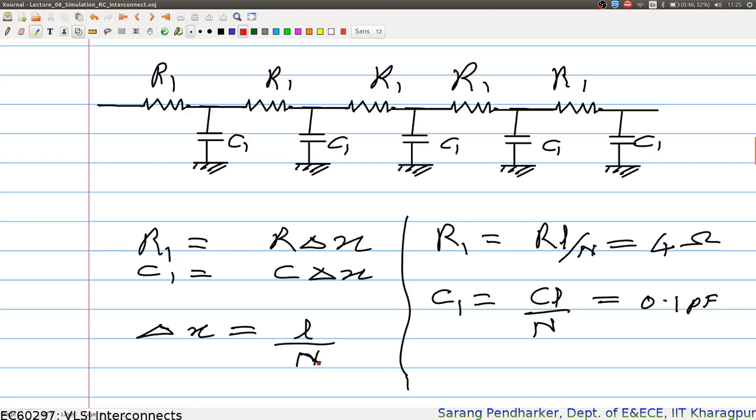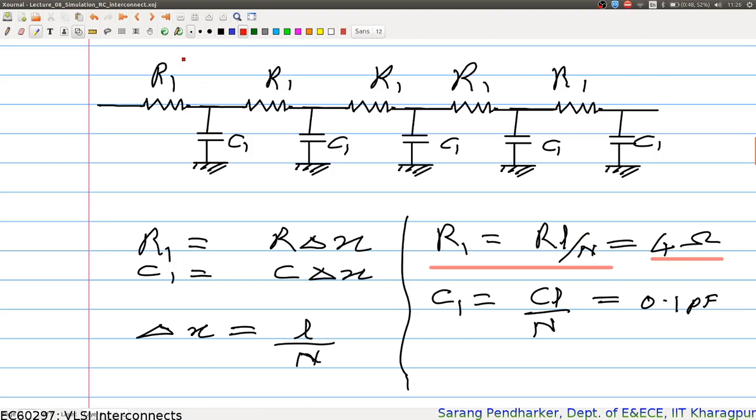by 5. If I substitute the value of delta X here, what I get is R1 is equal to RL by N, or in other words, RL was 20 ohms, so that divided by 5 equal segments, so I have 4 ohms as R1.